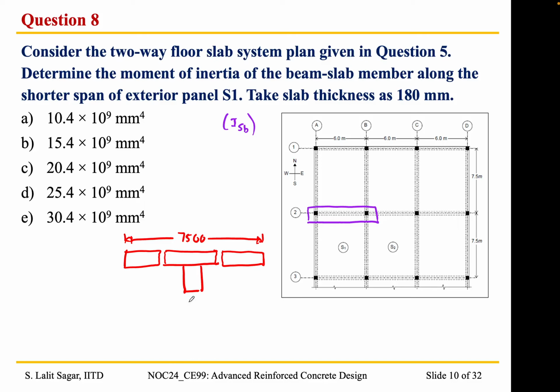The width would be 400 and this depth of the web is 370. The slab is 180 mm. We need to consider this entire slab and the beam as one composite section, locate the neutral axis, and then determine the value of ISB.